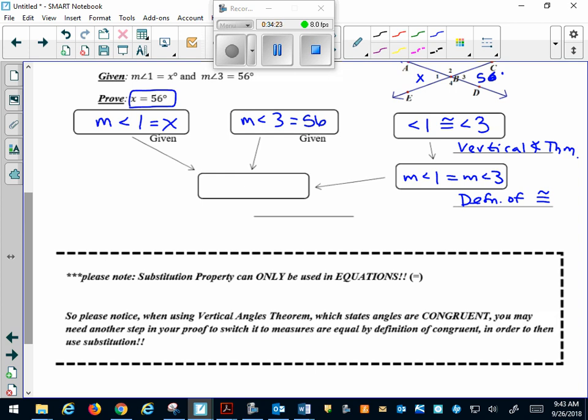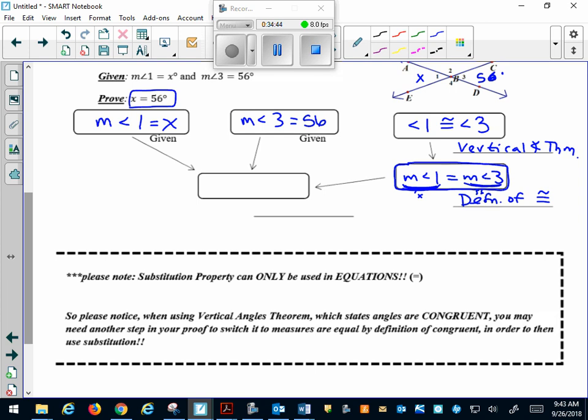So we're basically using this equation, and we're replacing that. Actually, let me not put an arrow. It looks like I'm making a flowchart. But we're basically going to kick this out and replace it with an x, and we're going to kick this out and replace it with a 56. That's what we're going to do here.